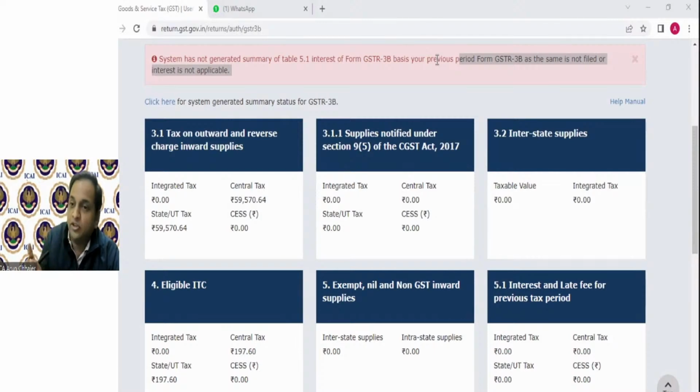Because the e-commerce operator is the deemed supplier, it has to add these transactions in 3B. So where will it report those transactions? It will report them here in 3.1.1. So that is a new addition.